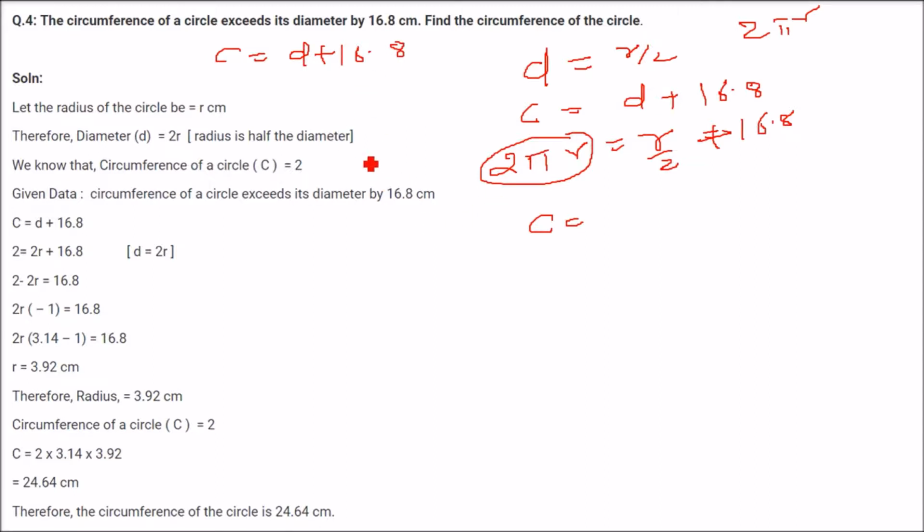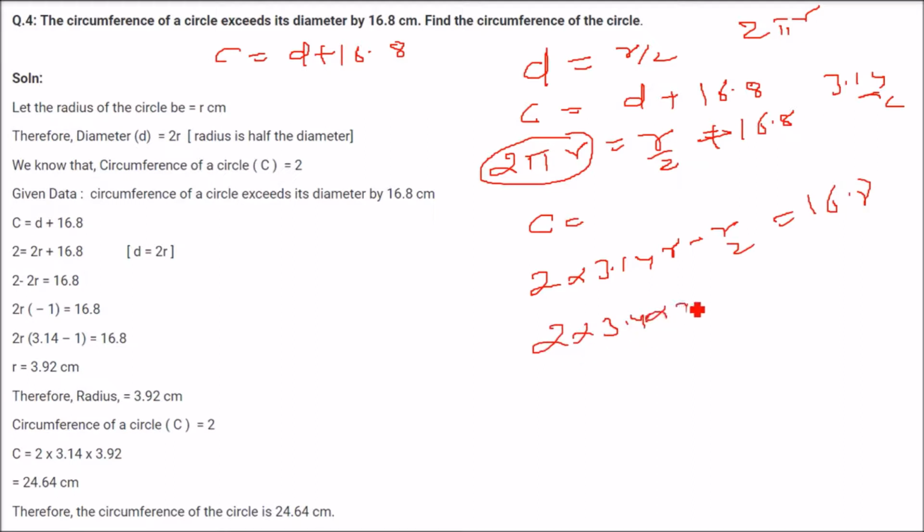But what we have to do here is that ultimately the radius has to be computed. So circumference, this is 2 into 3.14 into r, and this is 0.5 r. So let us take it as 2 into 3.14 into r minus 0.5 r is equal to 16.8.